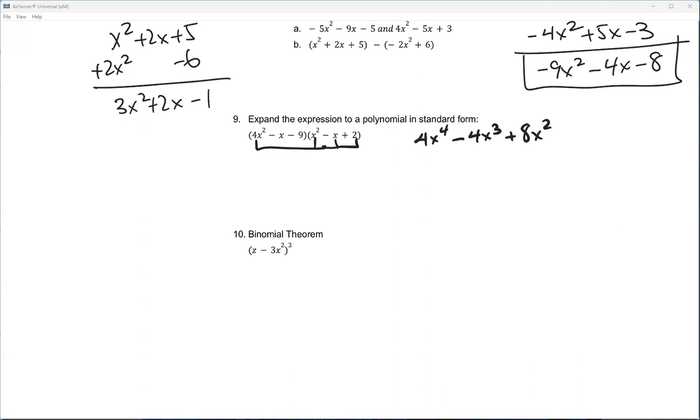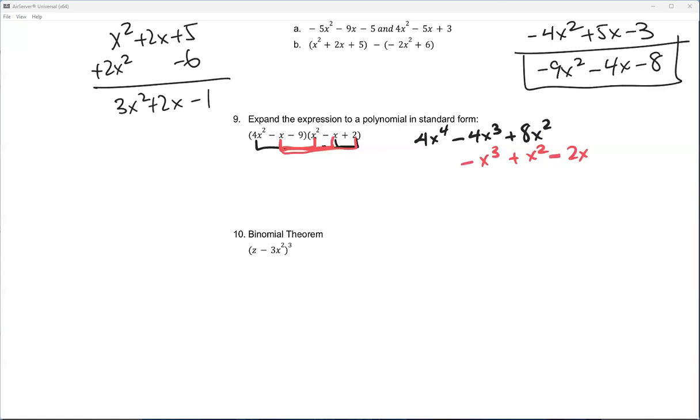Then I'll multiply the x with each term. So it will be negative x cubed plus x squared minus 2x, sorry. So minus x cubed plus x squared minus 2x.